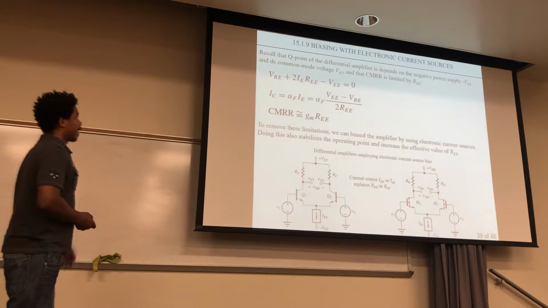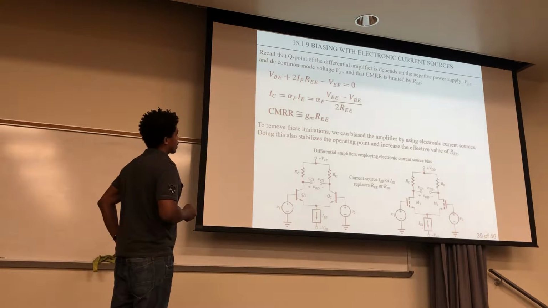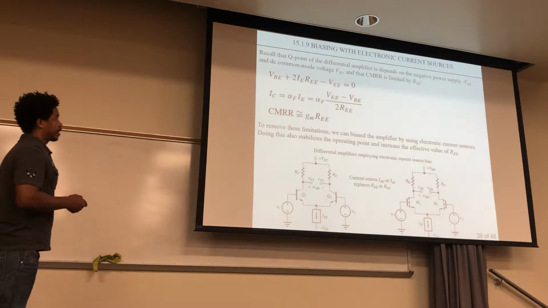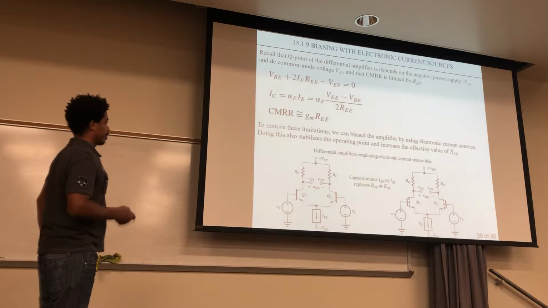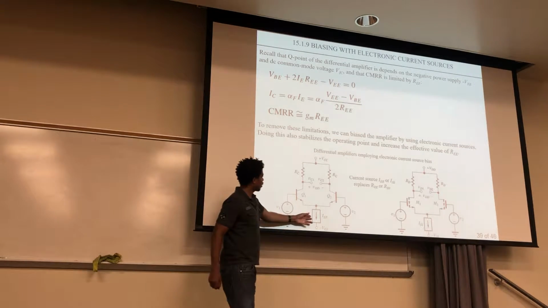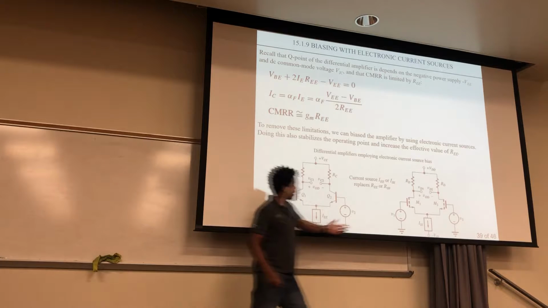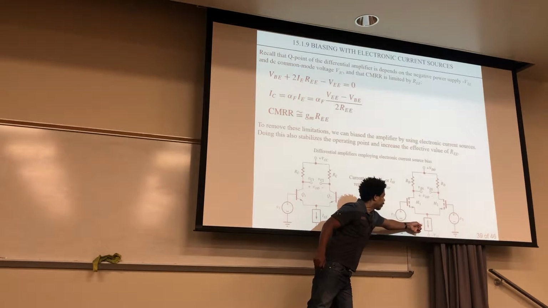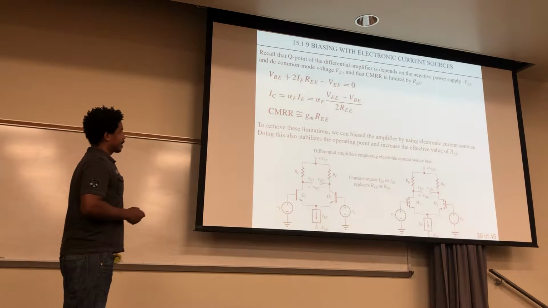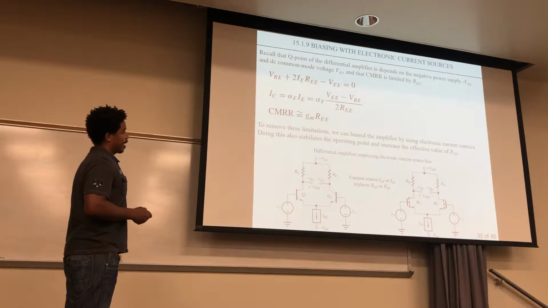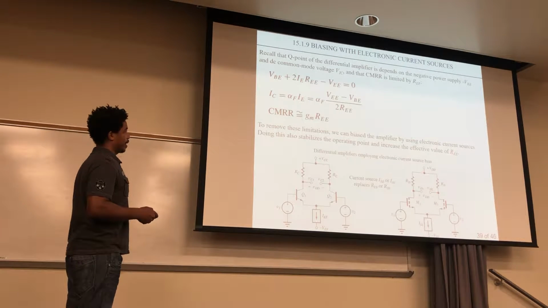Now, to remove those limitations, what you can do is bias the amplifier by using an electronic current source. Here's one for the BJT, here's one for the FET. If you do that, it stabilizes the operating point and it increases the effective value of REE.